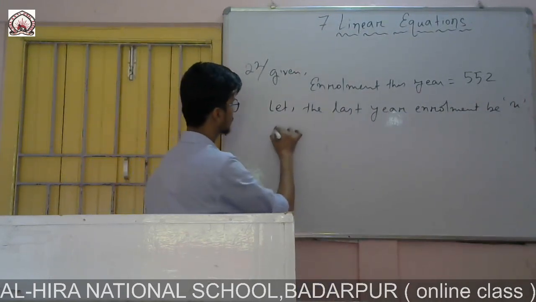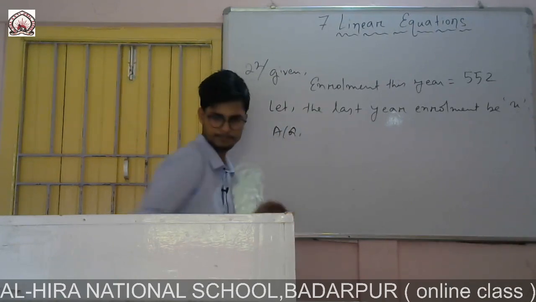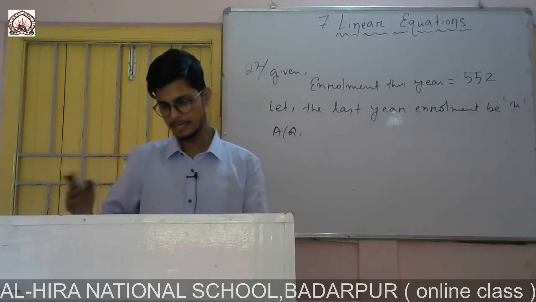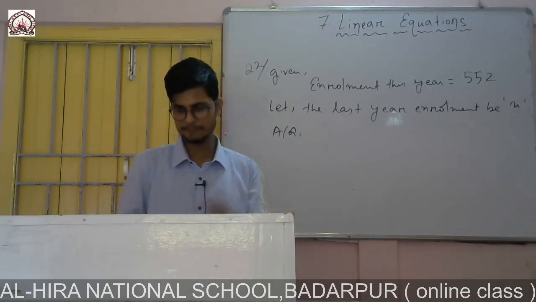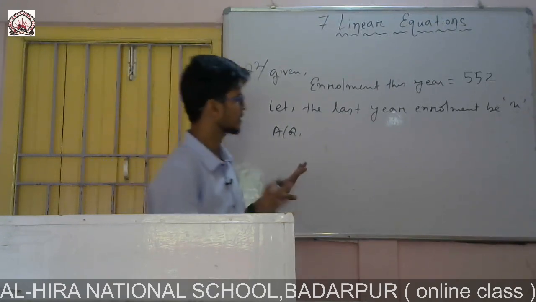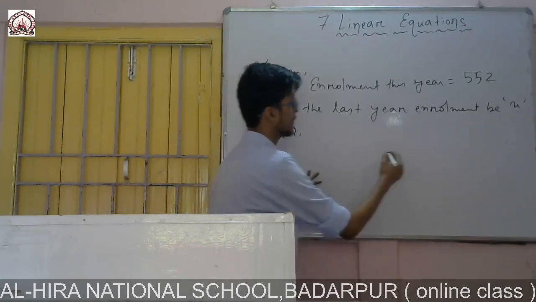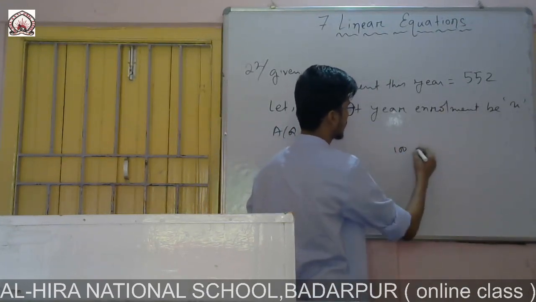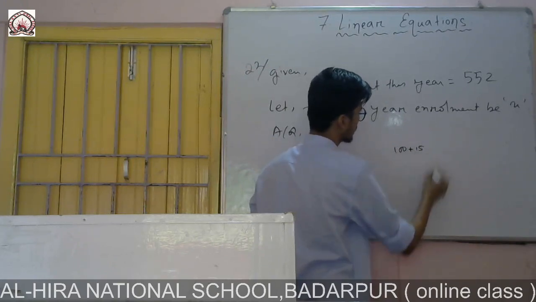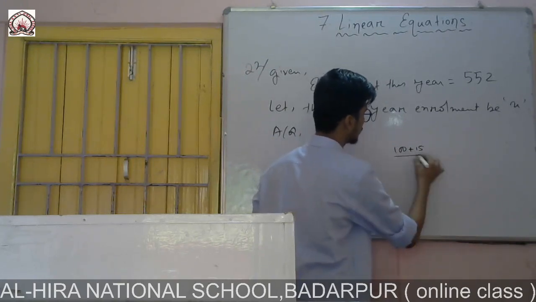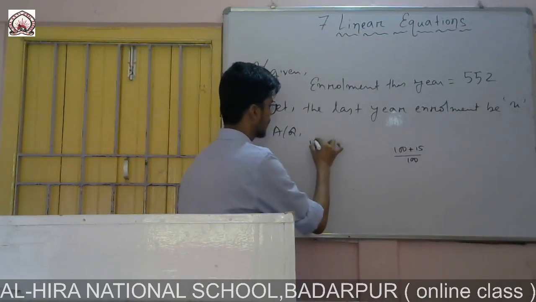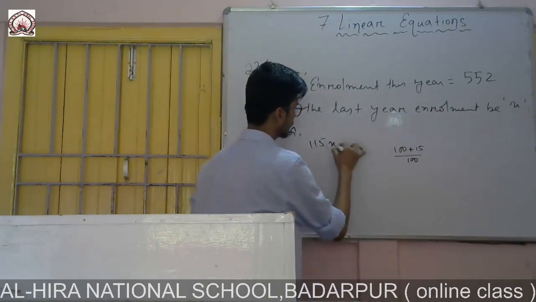So according to the question, it is given that there is a 15% increase. So if I let 100% students be there last year, and I increase by 15, that means 100 plus 15, so it will be 115, and we are finding it for x.